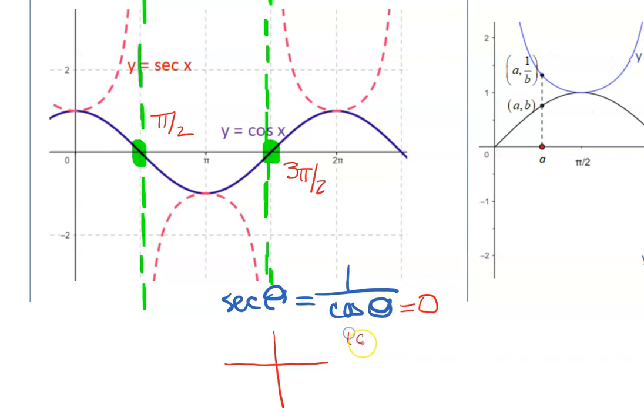Remember each of your ordered pairs on your trig circle is cosine theta comma sine theta. So where is it 0? Here, and we've already determined that this angle and this angle are pi over 2 or 3 pi over 2. So commit to memory whichever way you can remember the easiest, either remembering from the graph in your vertical asymptotes or remembering from creating this fraction and figuring out where your denominator is 0.